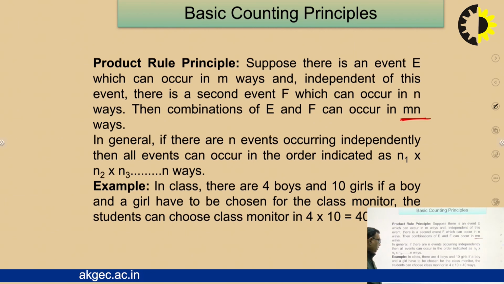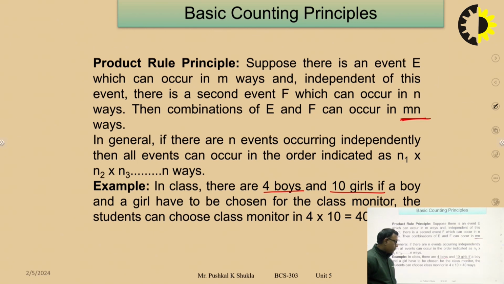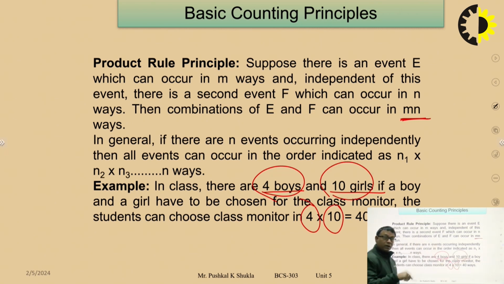For example, in a class there are 4 boys and 10 girls. If a boy and a girl have to be chosen for class monitor, the students can choose monitors in 4 ways for 4 boys and 10 ways for 10 girls. Multiply this because the product rule applies here, so 40 ways.